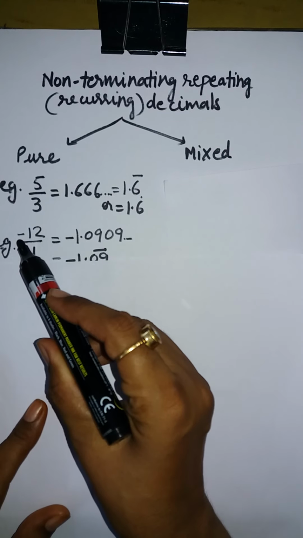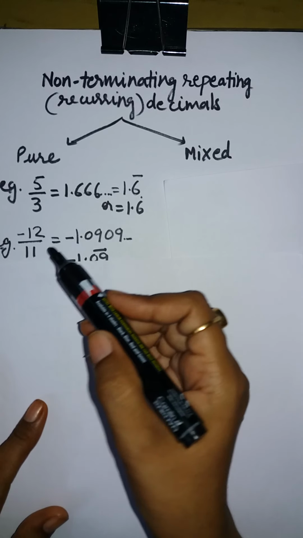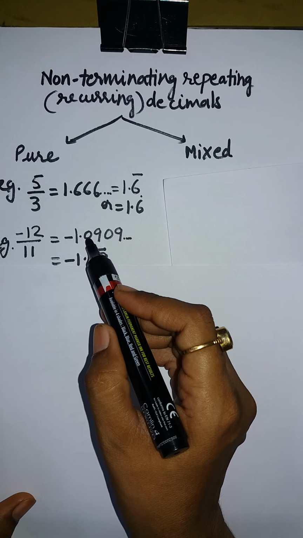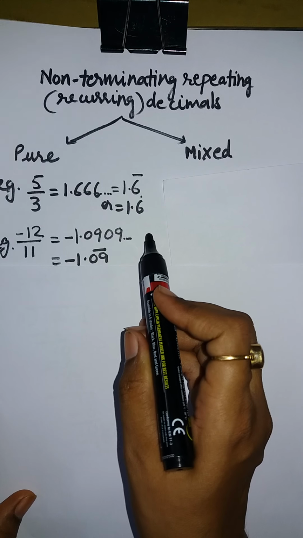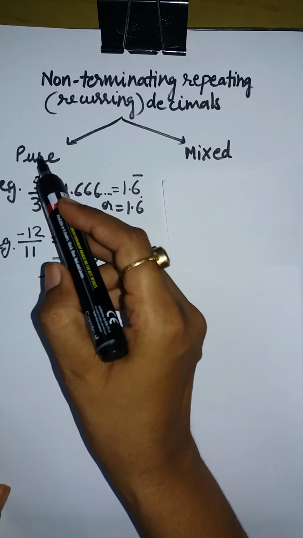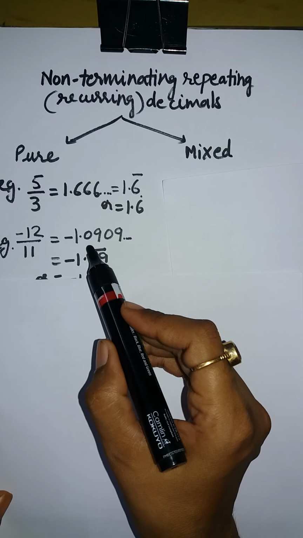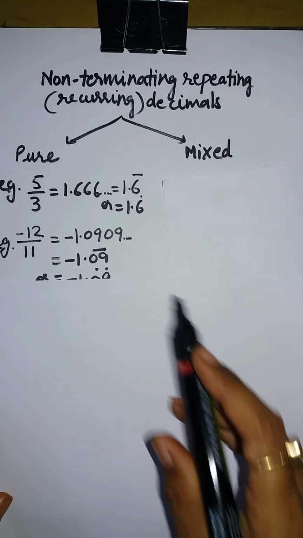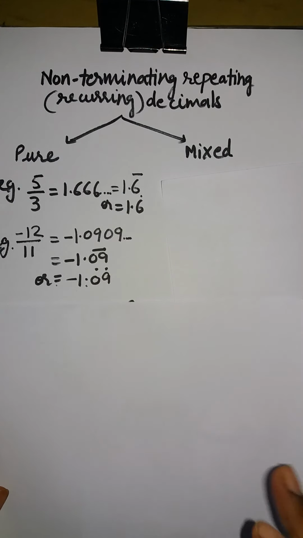Another example, if we look at minus 12 by 11, when we divide this, we get the result minus 1.090909 and so on. So this also comes in the category of pure, because a complete set, the whole set 09, is repeating itself a number of times.